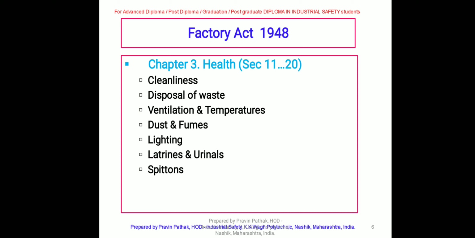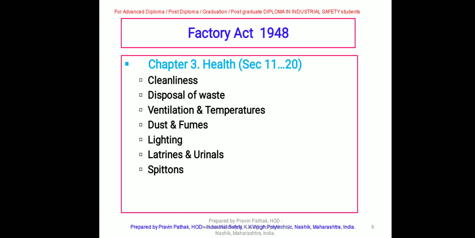So one of the chapters is concerned with health only, the health of the workers. Sections 11 to 20 are related to health, for example, cleanliness, disposal of waste, ventilation and temperature, dust and fumes, lighting, latrines and urinals, and spittoons.